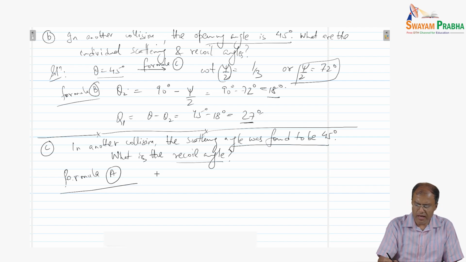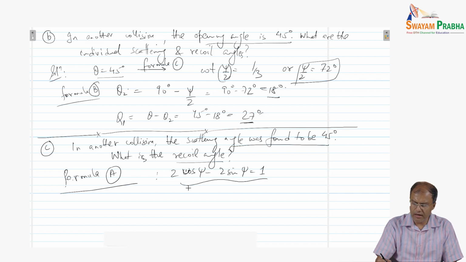From formula A, we see that 2 cos psi minus 2 sin psi is 1, or we can simplify this equation as cos of psi plus pi by 4 is equal to 1 by square root 8, and from here we find that psi is 24 degrees.